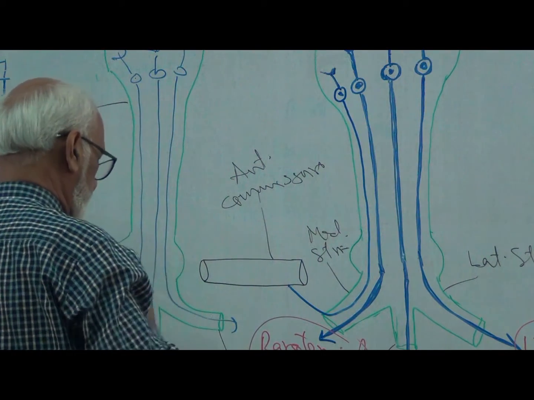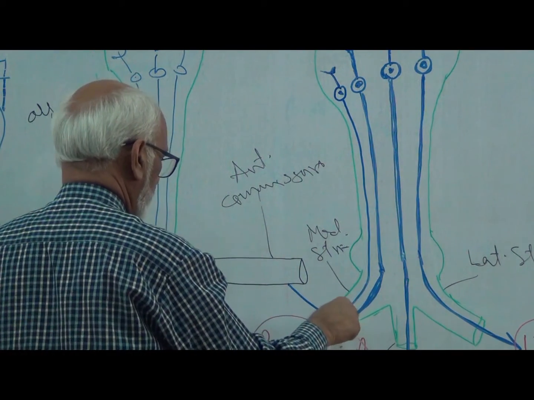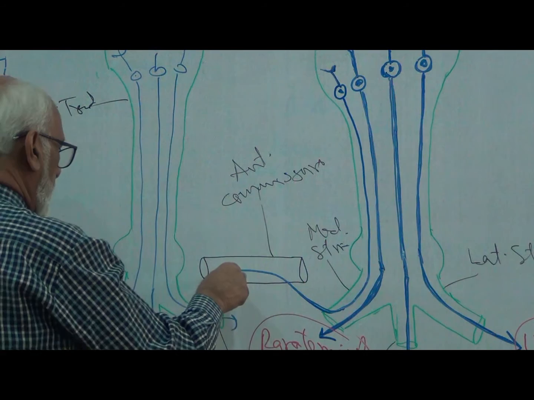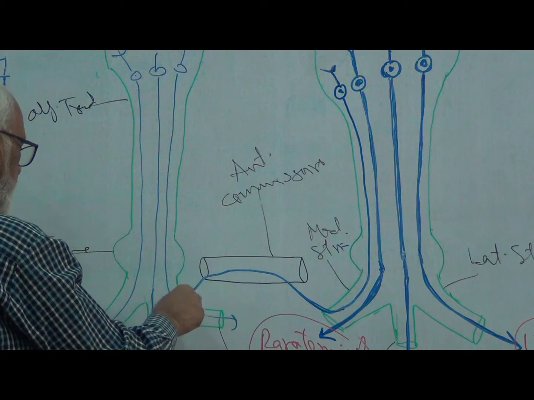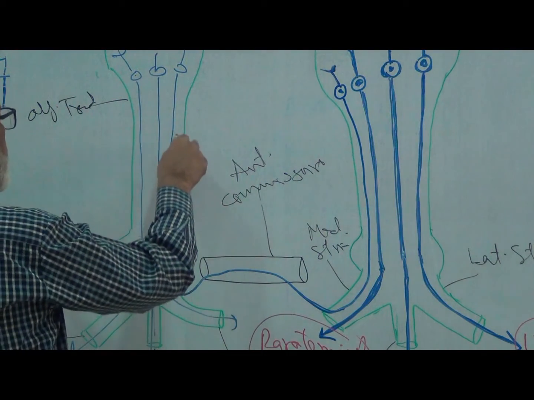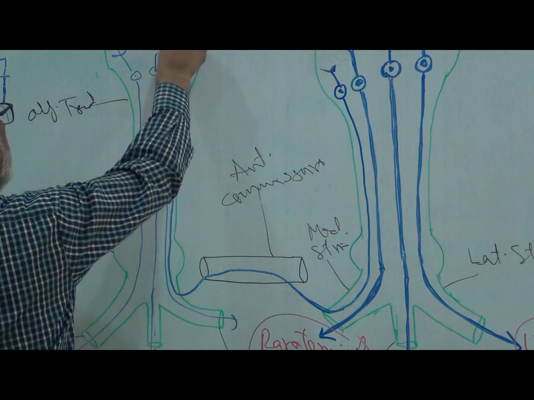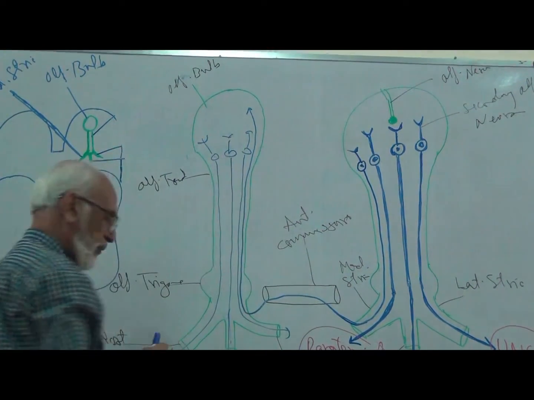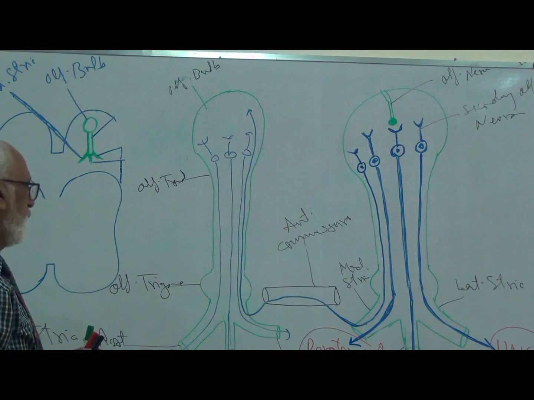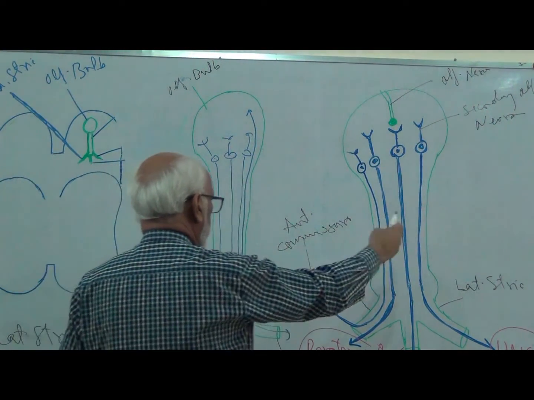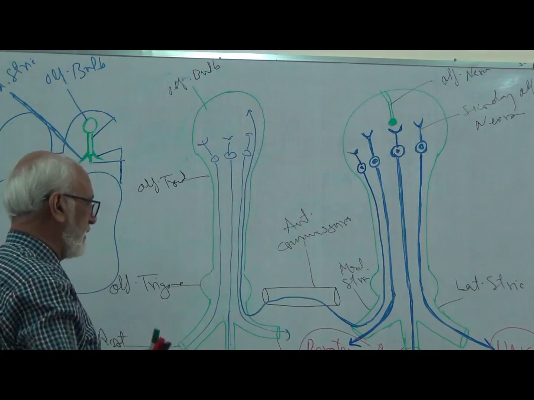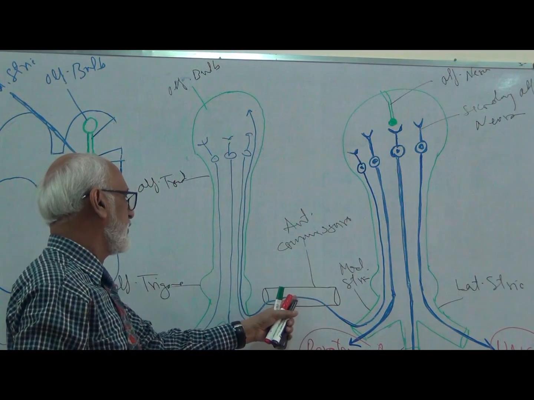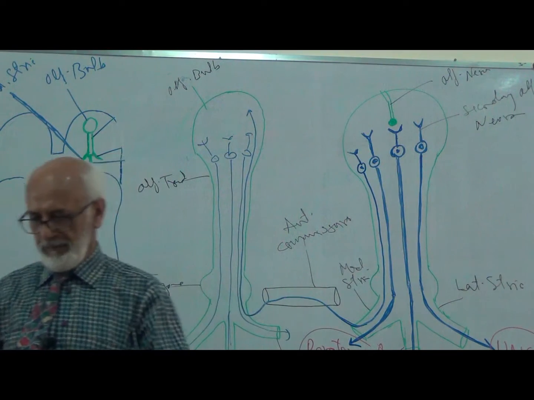Some of the fibers of the medial stria enter the anterior commissure and then enter the medial stria of the opposite tract and make synapses with the neurons of the opposite olfactory bulb. Similarly here, in this way the olfactory bulbs are interconnected by these commissural fibers. These are a few fibers of the medial stria which pass through the anterior commissure and enter the opposite olfactory bulb.